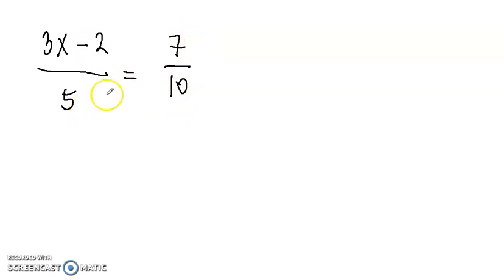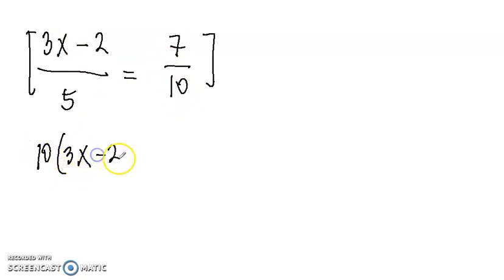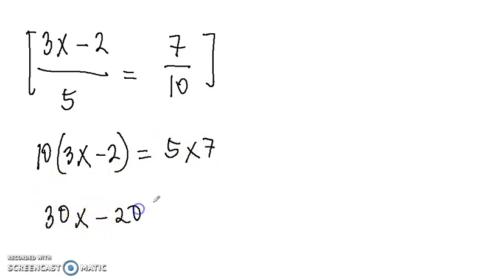Therefore we will have 10 times 3x minus 2 equal to 5 times 7. So we get 30x minus 20 equal to 35.